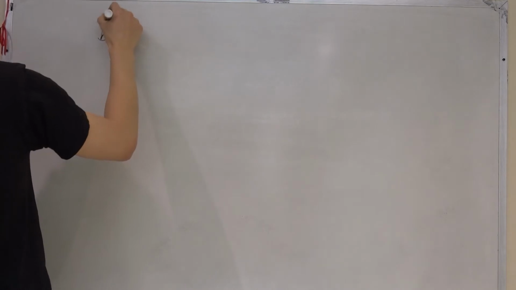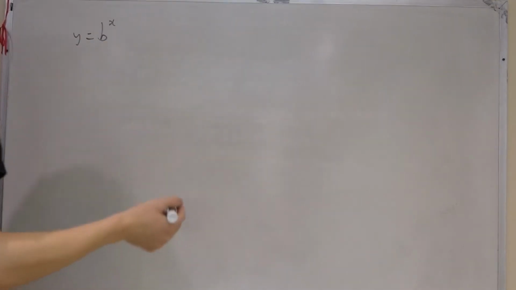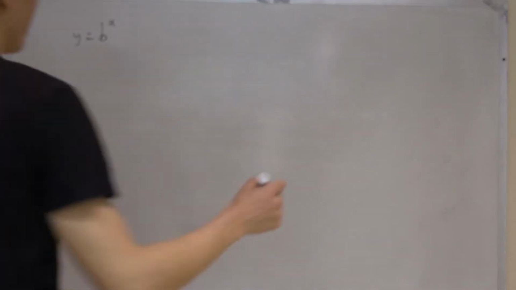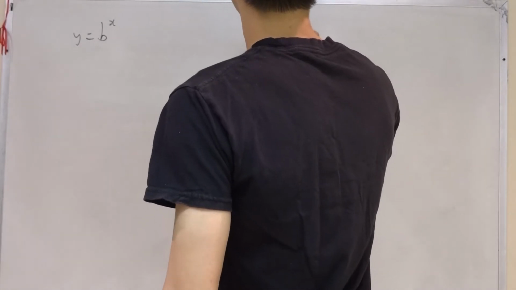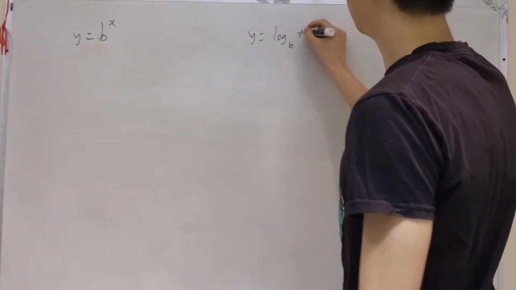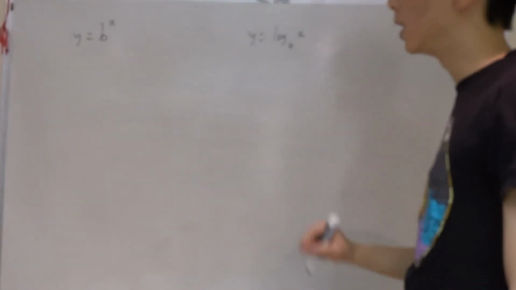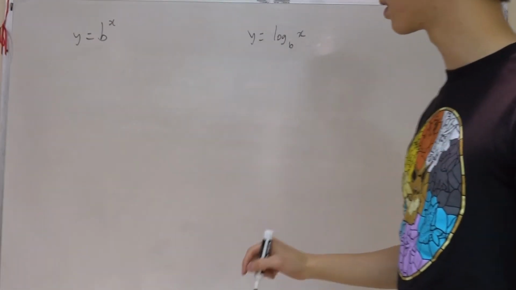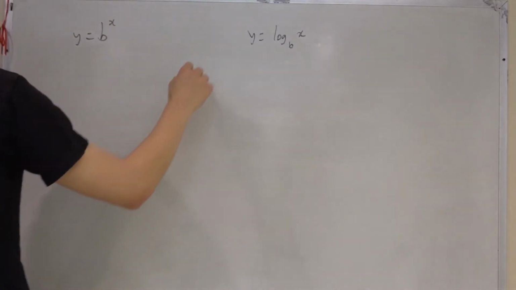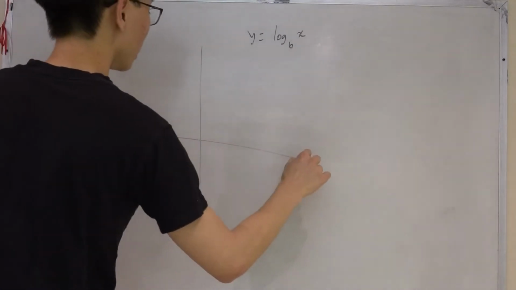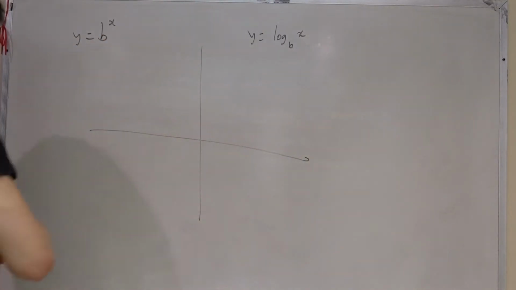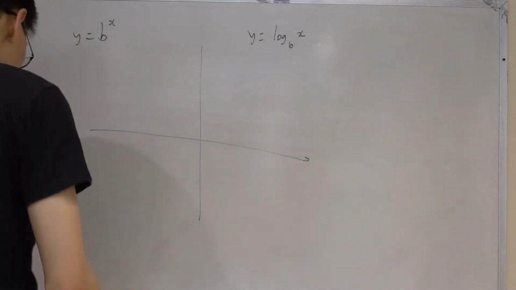So I want you to draw what does y equals b to the x look like. And then similarly, draw on another axis, what does log b of x look like? Remember, log b of x is the inverse of b to the x. So I will draw mine on one big axis to further demonstrate the inverse relationship. Let's do this one in blue.